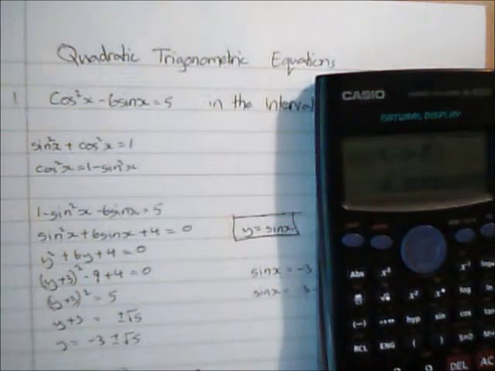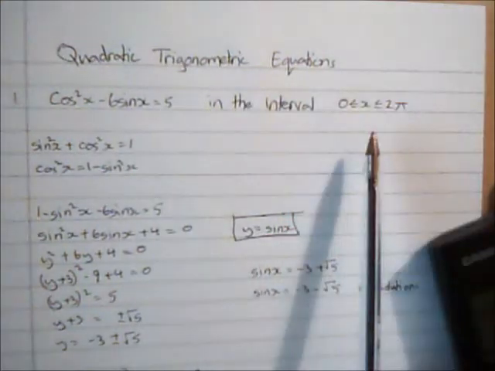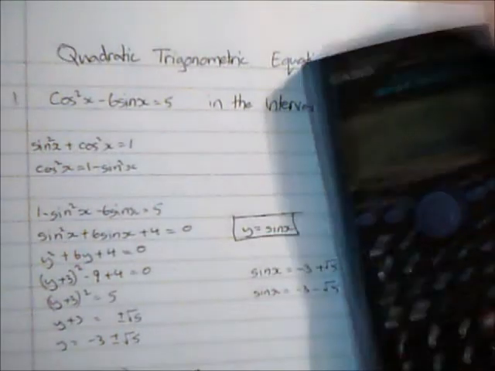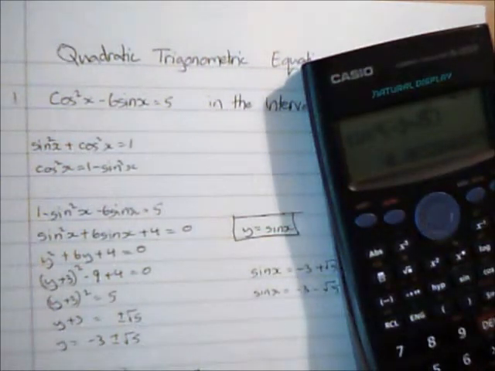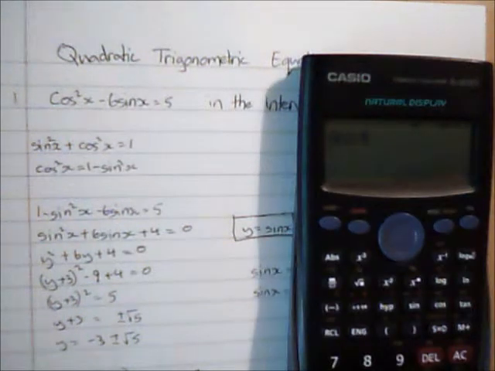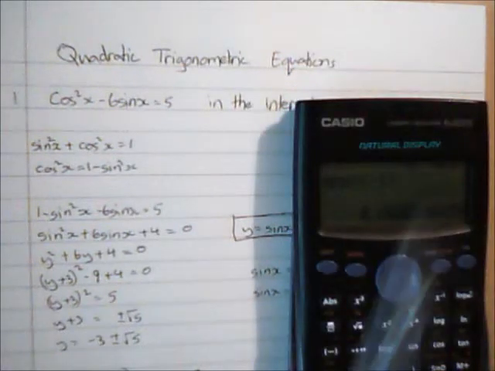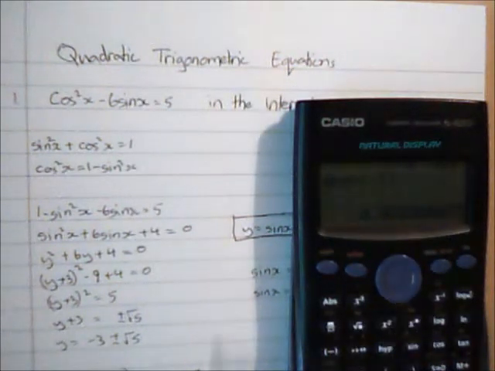Now it's worth noting that this solution isn't in the interval that we were given originally, and for dealing with this we actually want just the size of the angle that's important rather than the sign here, so I'm going to multiply it by negative 1 so that I get a positive angle of the same magnitude, and I'm going to store it into memory A for the moment so I can deal with it later.